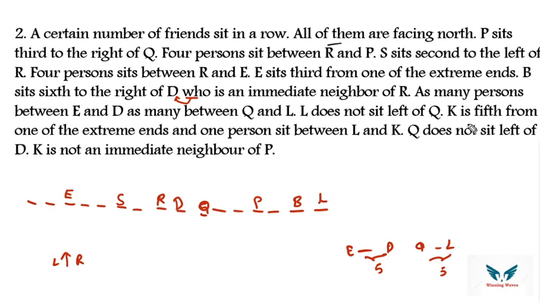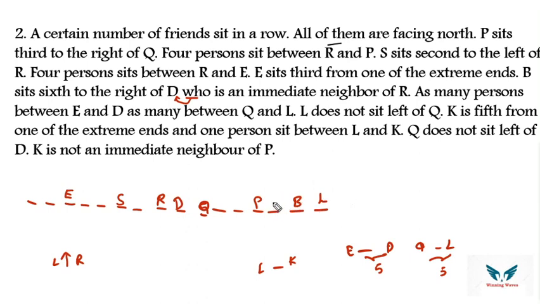K is fifth from one of the extreme end of the line and one person between L and K. So L one person K, or L one person K. In between L and K there should be one person, we don't know. Q does not sit to the left of T. Obviously this is towards right of T. Then already it is given K is not immediate neighbor of P. So L one person K, no chance.